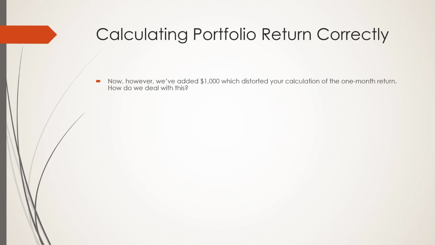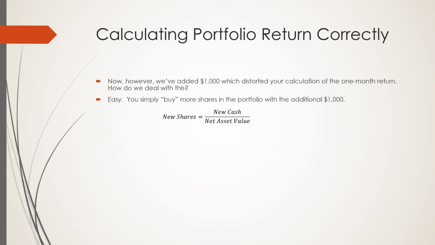Now, though, you've added this $1,000, which originally distorted our calculation. So how do we deal with this? Well, what we're going to do is we're going to use that $1,000 to buy more shares in the portfolio. So the number of new shares that we can buy is simply the new cash, that's the 1,000, divided by the net asset value per share, which is 50.67.